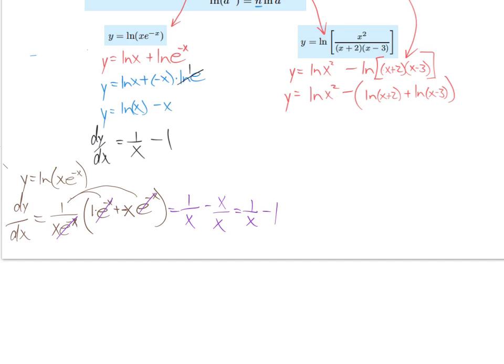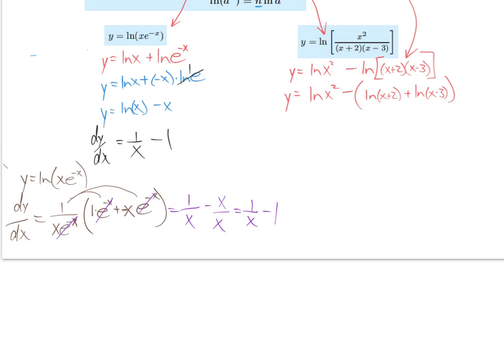Yeah, you got to be real careful because we're doing the chain rule and then the product rule inside the chain rule and then the chain rule inside the product rule inside the chain rule. Okay? So there's a lot that you have to be careful about, and this is where knowing these laws can make life a whole lot simpler for you.